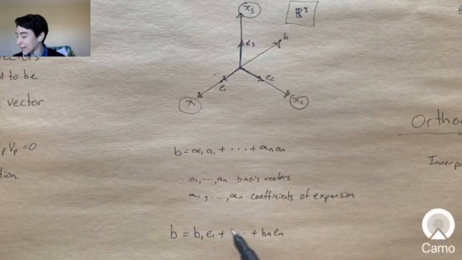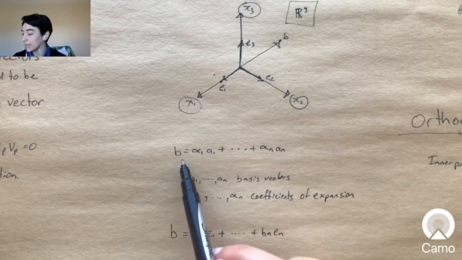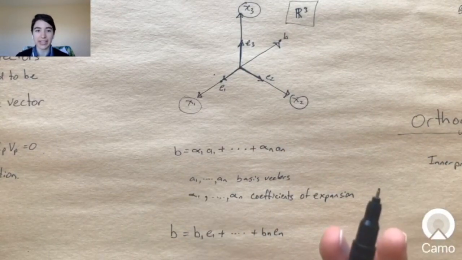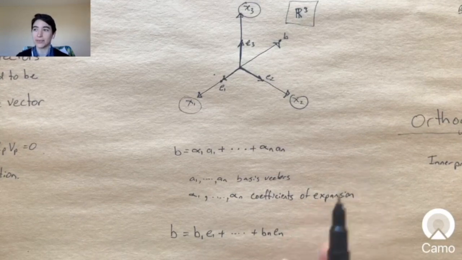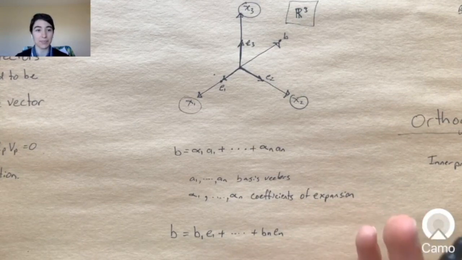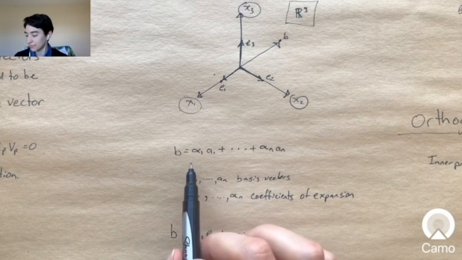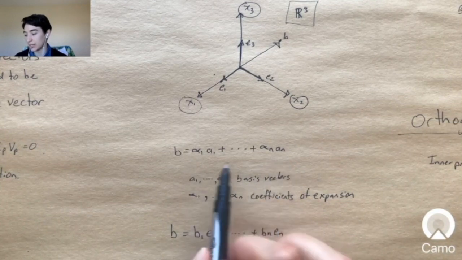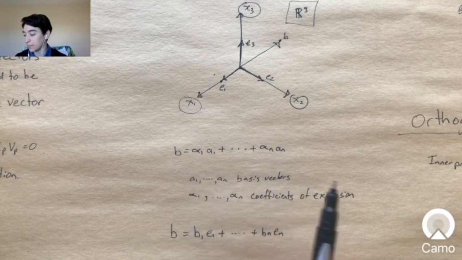So B can be described like any vector in the span, or in the subspace described by a basis. It can be described by a linear combination of the vectors of the basis.